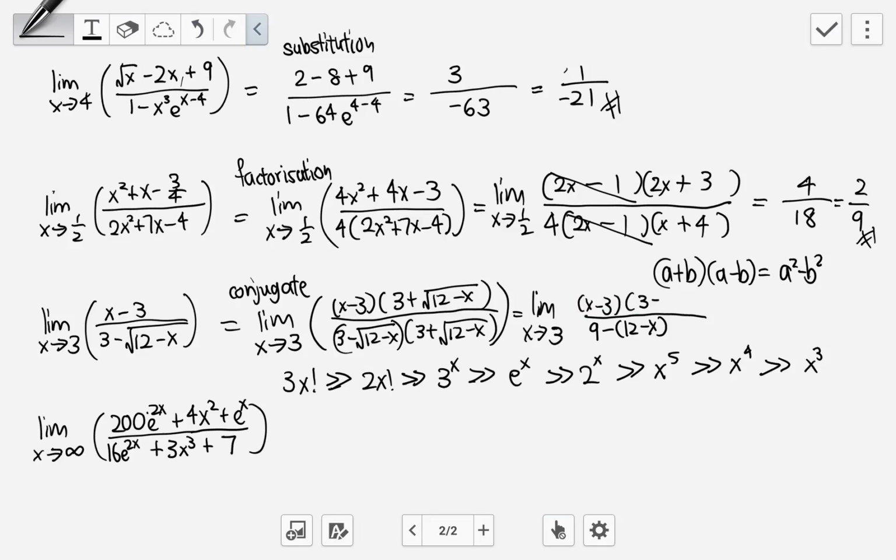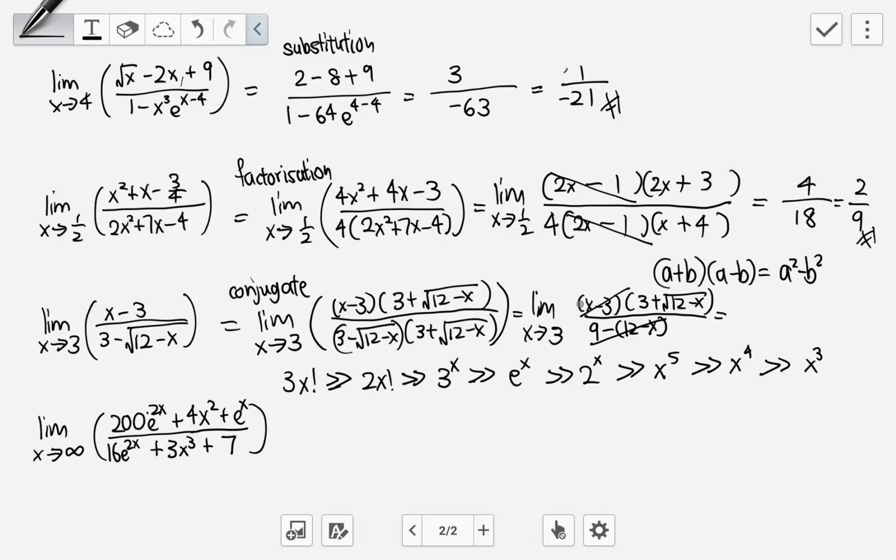Same thing, we still have 3 plus root 12 minus x. And when the bottom simplifies, I realize it is 9 minus 12, which is just minus 3, and minus times minus x will give me x. So this term is actually the same as this term. I cancel it off. So I get limit x approaches 3 for this term.